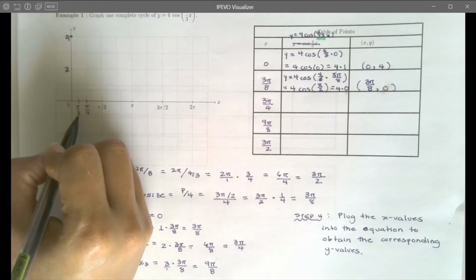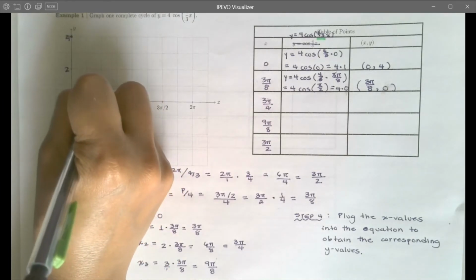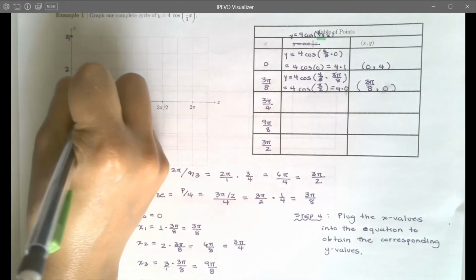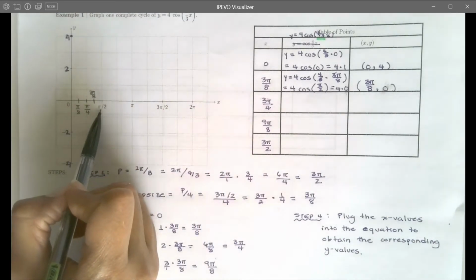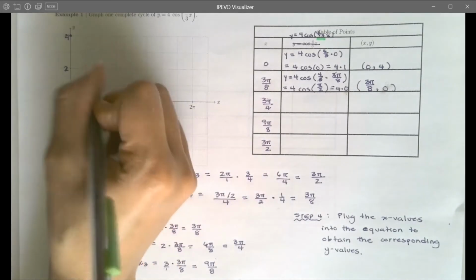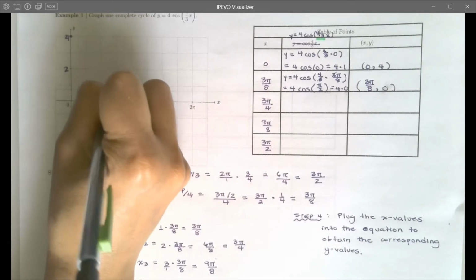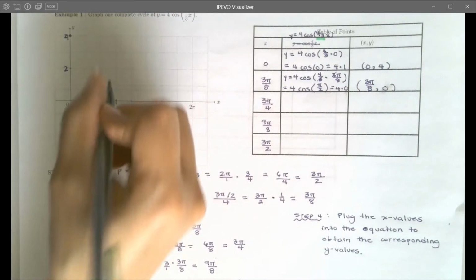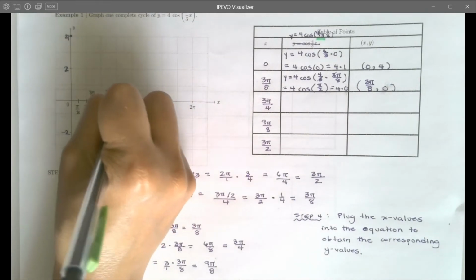This would be 1 pi over 8. This would be a 2 pi over 8. This next one would be a 3 pi over 8, which I'll write here. Next would be 4 pi over 8, but it reduces down to a pi over 2. That means that this would be a 5 pi over 8, followed by a 6 pi over 8, but 6 pi over 8 will reduce down to a 3 pi over 4.